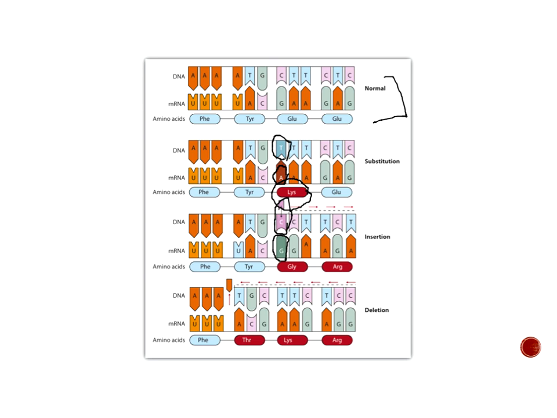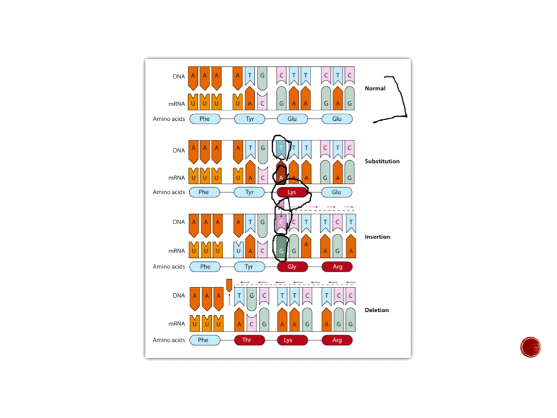Because of a frame shift, it's going to cause all of our amino acid codons to shift over. What would have been the GAA, there's an extra G in here, so now it's GGA, giving us a glycine, and now it's switching the amino acid after that as well, because that's been shifted over. So every amino acid from this point forward is possibly going to be a different one, and that is going to really mess up that protein.